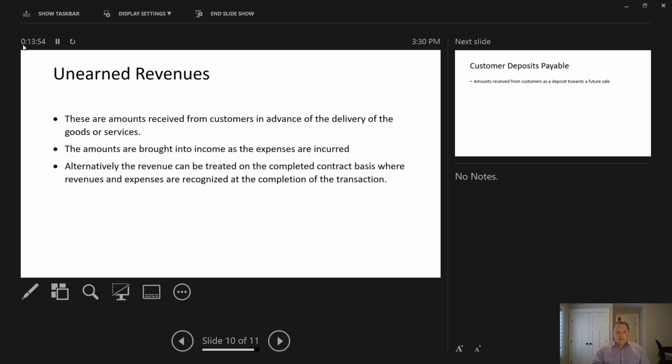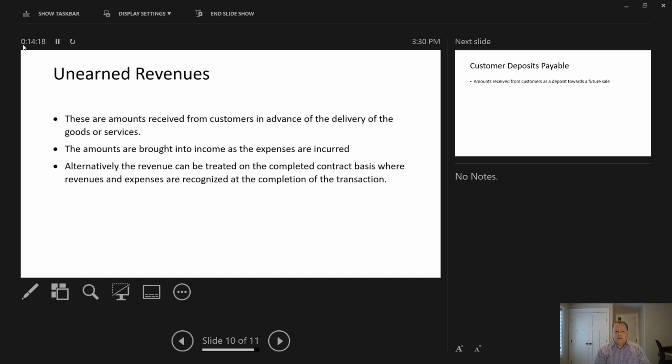So in that case, we've got a challenge where we set it up as a liability, saying we're going to show this as money that we've got, but we haven't earned the revenue yet because we haven't incurred the expenses.